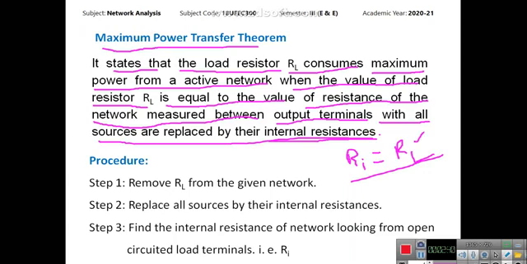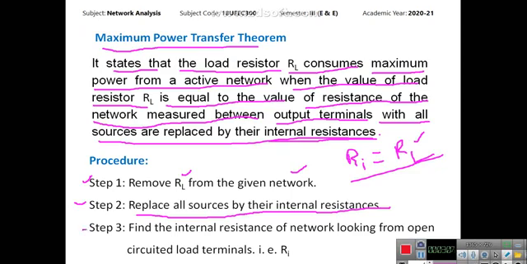In order to find the maximum power transfer to the load resistor, here is the procedure for a given network. The first step: remove RL, the load resistor, from the given network. The second step is to replace all sources by their internal resistances.